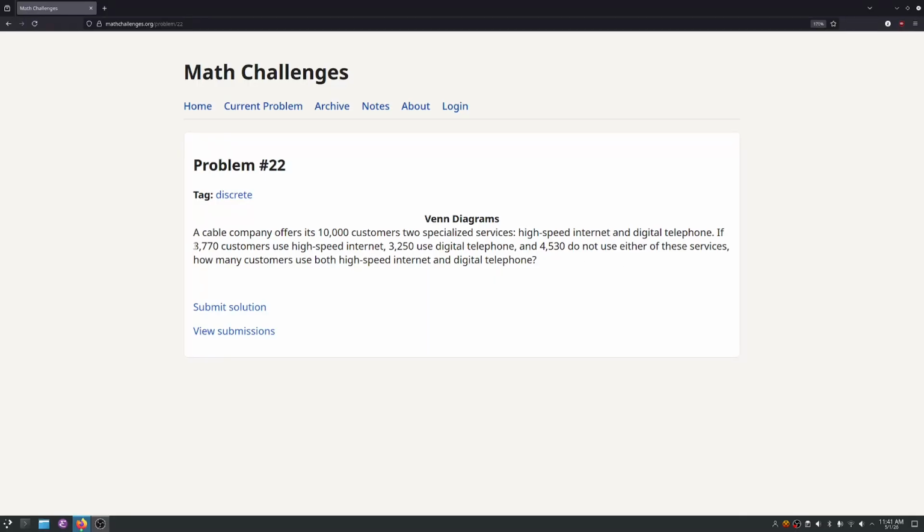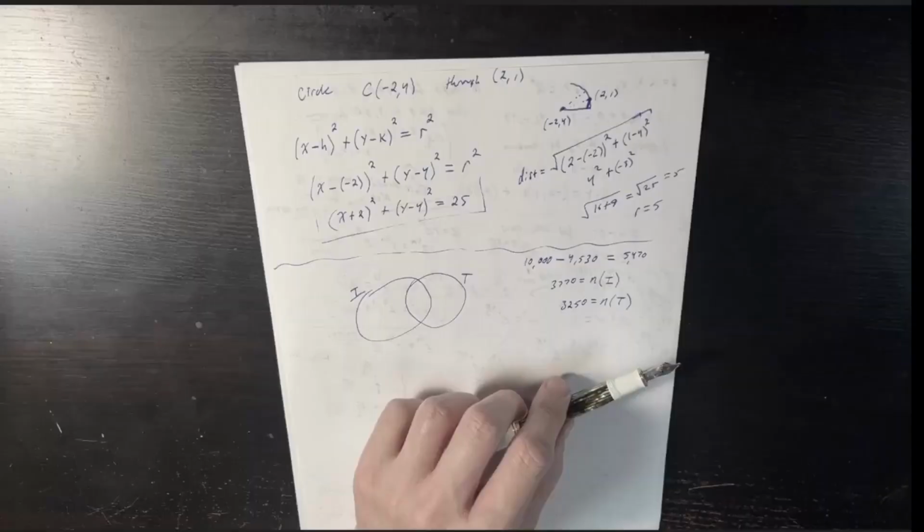Then they tell us 3,770 is the size of the internet group. Some of them also use the telephone. And 3,250 is the size of the telephone group. And those are the numbers.